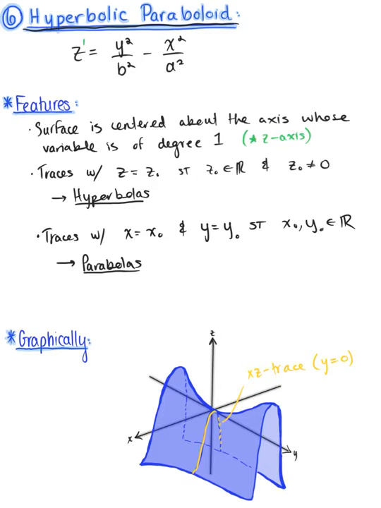And now we can also see copies of this parabola on either side. So these are traces parallel to the xz plane. And we can also see the coordinate trace in the yz plane. So here is that concave up parabola. This is our yz trace, which we know is, of course, when x is equal to 0.